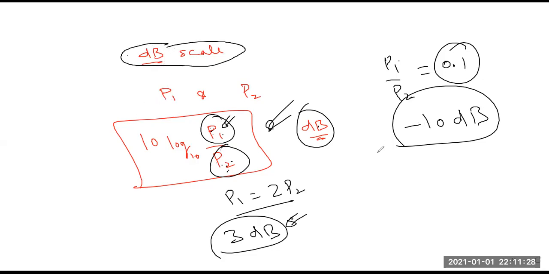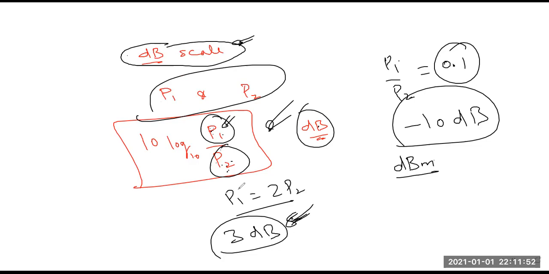What I am more interested in is another scale that we use, known as dBm, where the m is for milli. The dB scale is used for expressing a ratio. If I know that the ratio of P1 and P2 is, let's say, 3 dB, it gives me only the information that P1 is twice of P2.